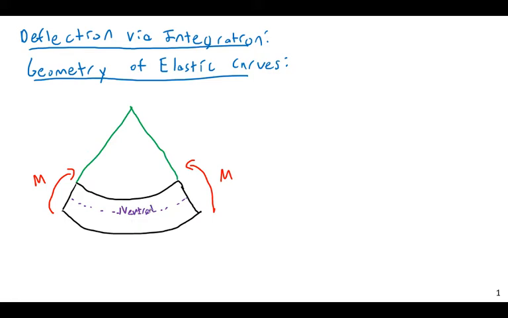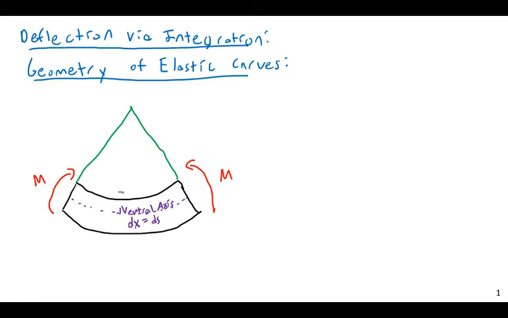Neutral axis. Now, this beam started out perfectly horizontal, and there we would have a dx if we considered a distance x along the beam. However, at the neutral axis, something special happens. dx is equal to ds. In other words, the length of this differential element is the same as the arc length here.